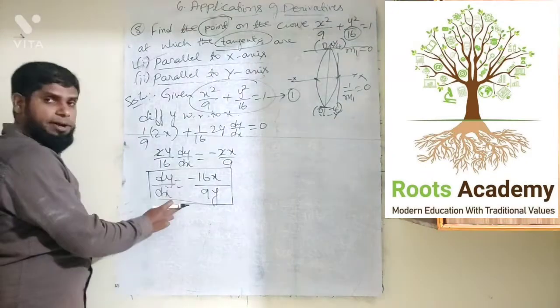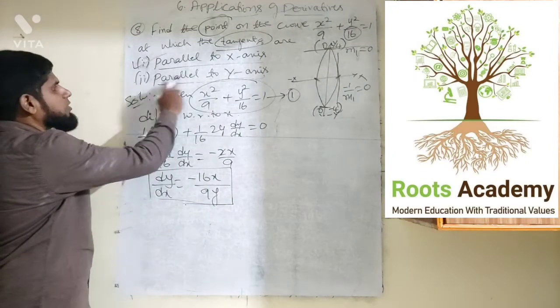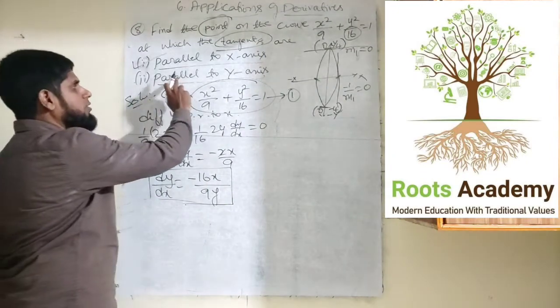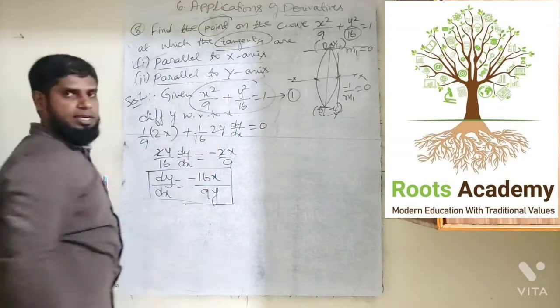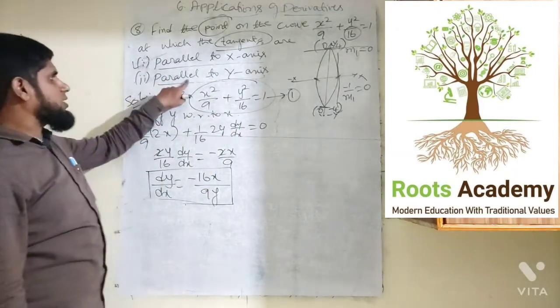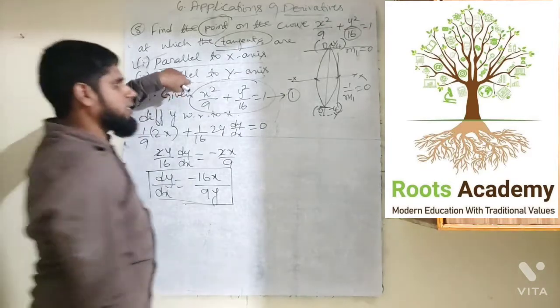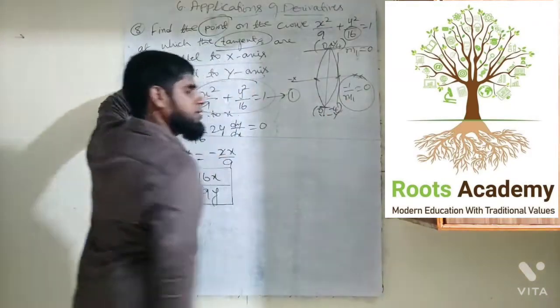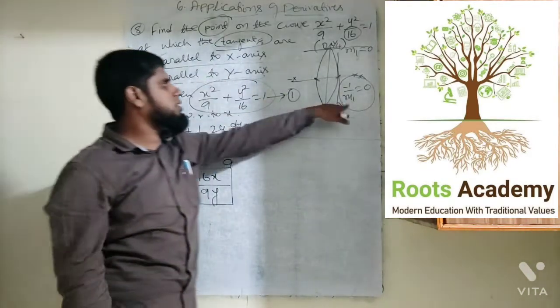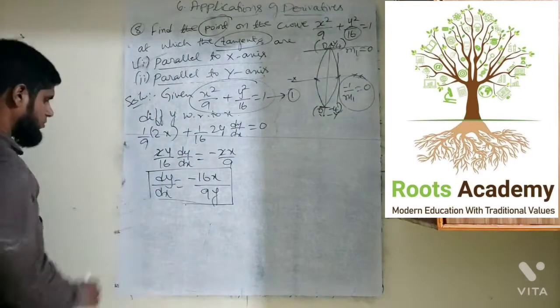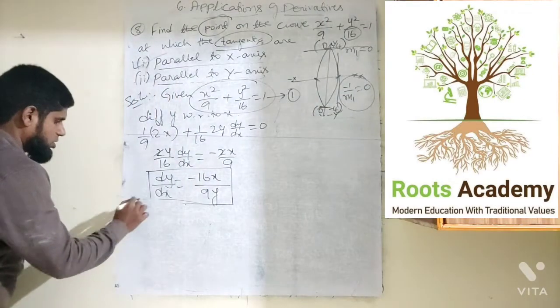Okay, now we have dy by dx. Now we will discuss the condition where the tangent is parallel to the y-axis. When we say the tangent is parallel to y-axis, then as I said earlier, the slope of normal is 0. Second condition.